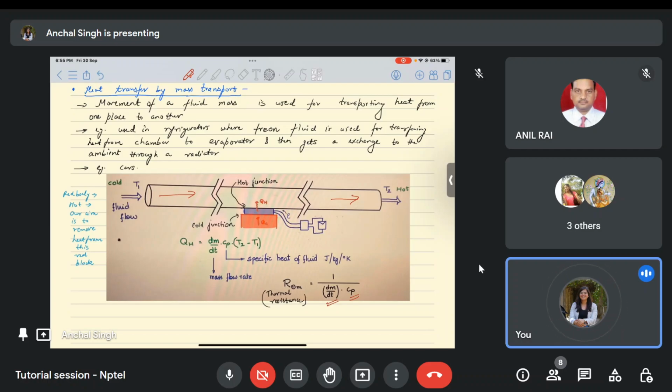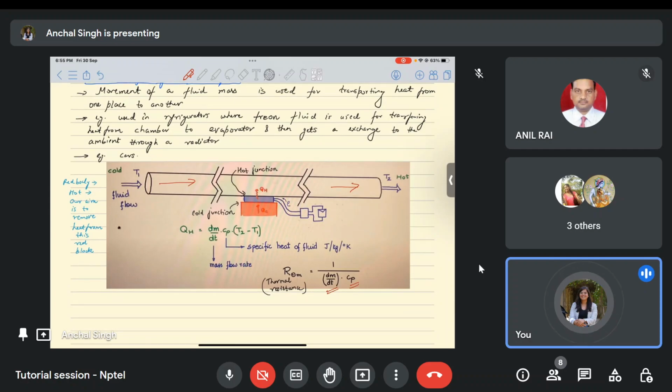Okay, so for the heat transfer using mass transport, the equation that is used is dm/dt into Cp into delta T. So Cp is the specific heat of the fluid, and dm/dt is the mass flow rate.